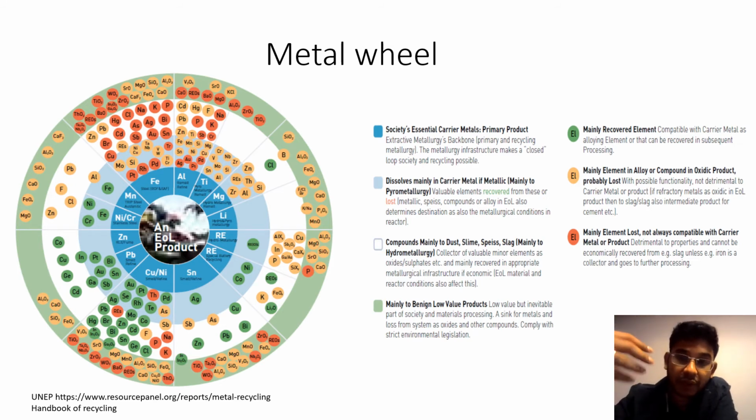The metals which aren't present in abundance, the minor metals which we don't use as much in quantity but which serve very important functions and are used in clean tech devices, are always associated with the mining of the major metals, because usually they are present as a complex component in the ores of the major metals.